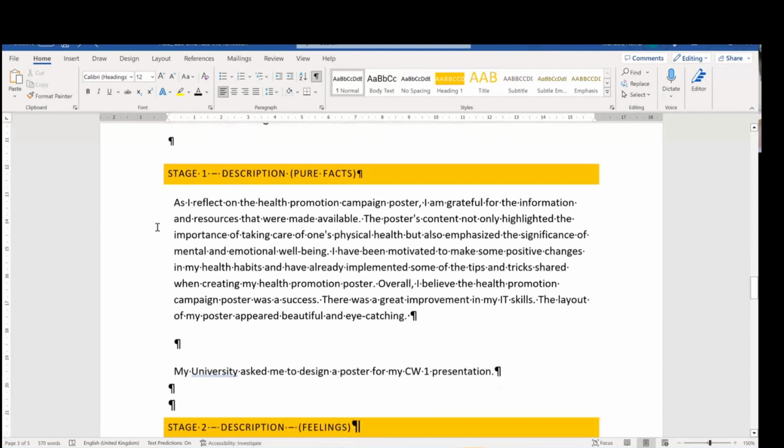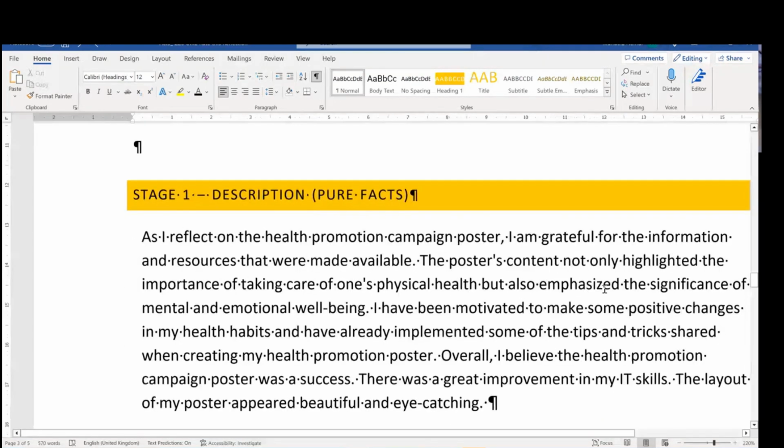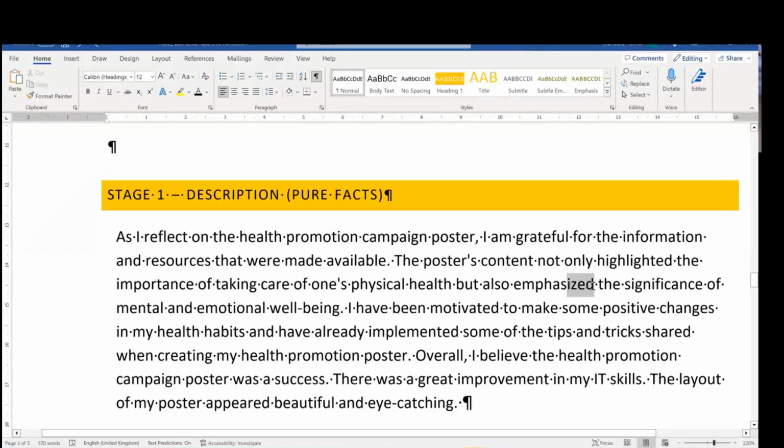So here again, as I reflect on the health promotion campaign poster, I'm grateful for the information. The poster's content not only highlighted the importance of taking care of one's physical health, but also emphasized, do you remember, careful with the I, I said E? That is American spelling. We cannot have that, so don't forget to change it into an S. Emphasized the significance of mental and emotional well-being.